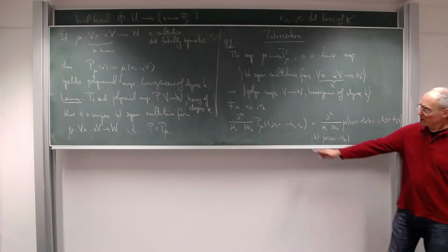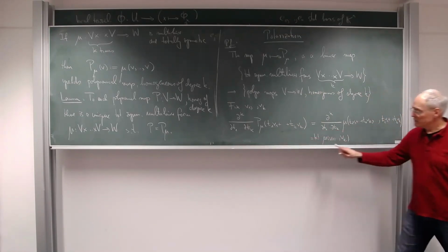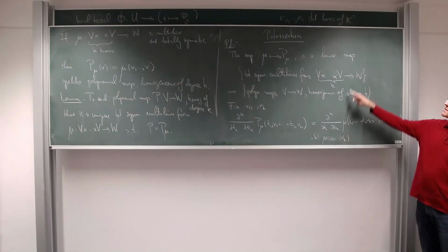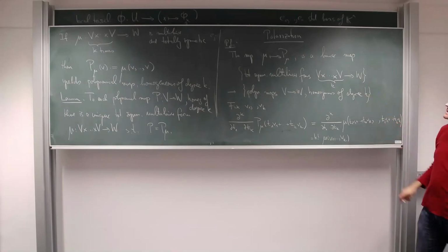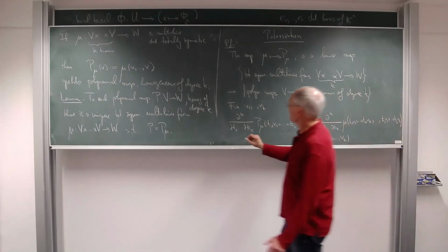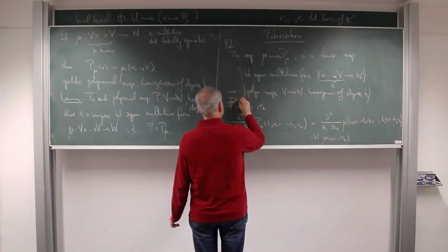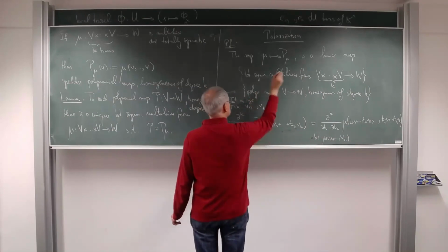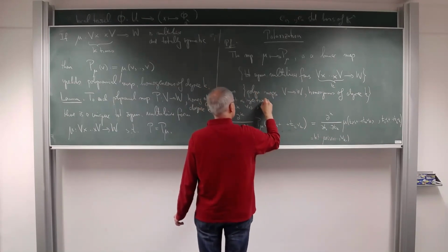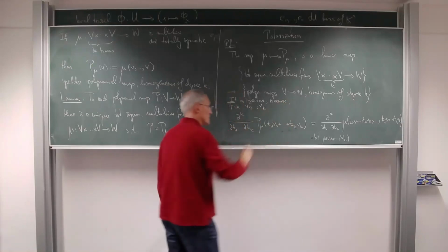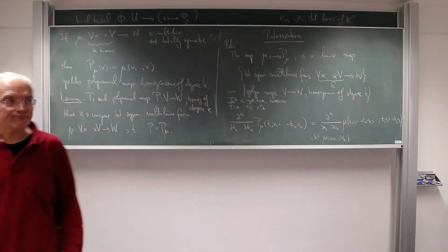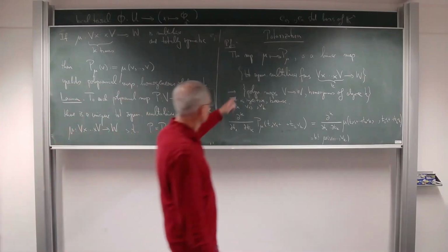In particular, if p mu is 0, then mu must be 0. So that means this map is injective, because of this argument. So we have an injective map here.